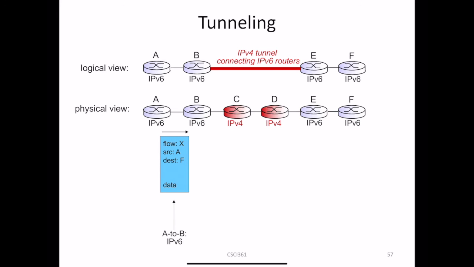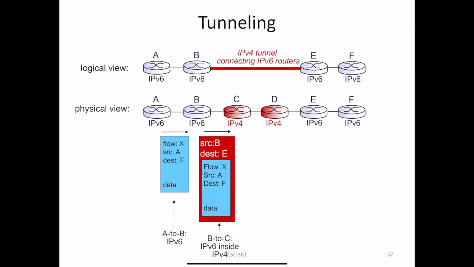When router B receives this datagram and knows the next hop, router C, is an IPv4 router, router B will re-encapsulate this original IPv6 datagram to get a new IPv4 datagram and transfer it to the next router, which is router C.